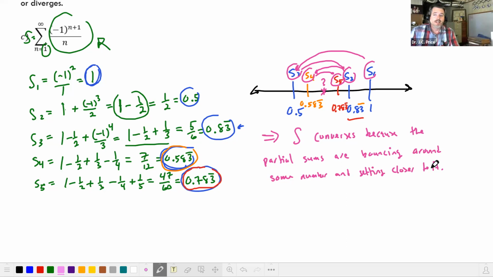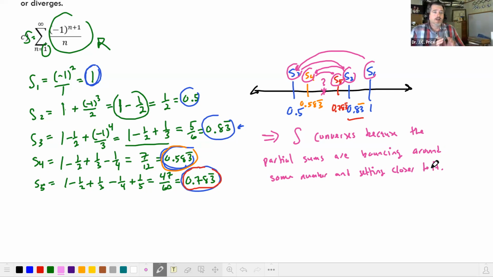Now this one, it's much harder to use the definition. So we're not going to even try. So this one's just kind of like, hey, look, it seems to be bouncing around some number, and getting closer to it. So our argument is that. We drew a little picture, so you can kind of see that argument in play.